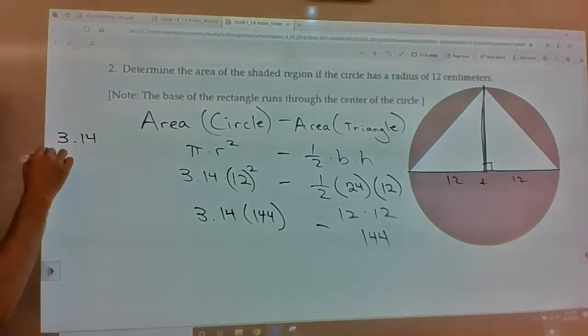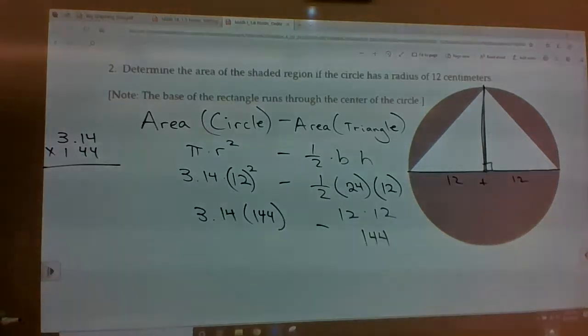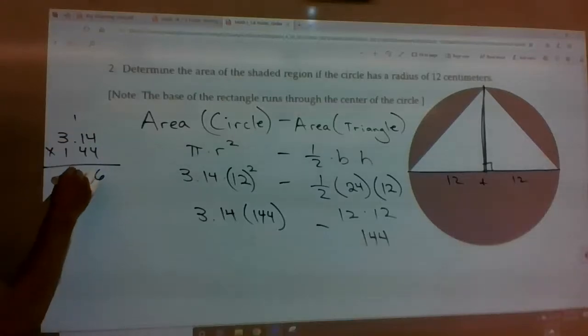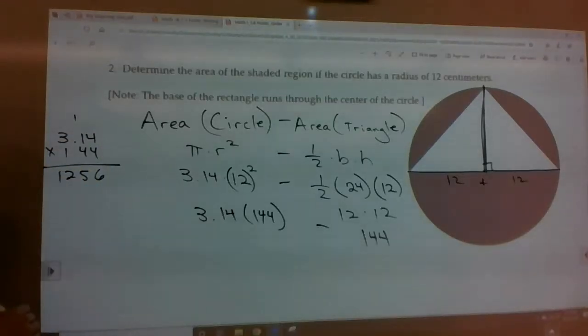So 3.14 times 144. All right, we're back to a 3-digit times a 3-digit. You might want to just pause the video and see if you can do this without me showing you. All right, let's see what you got. First row should be 1256.